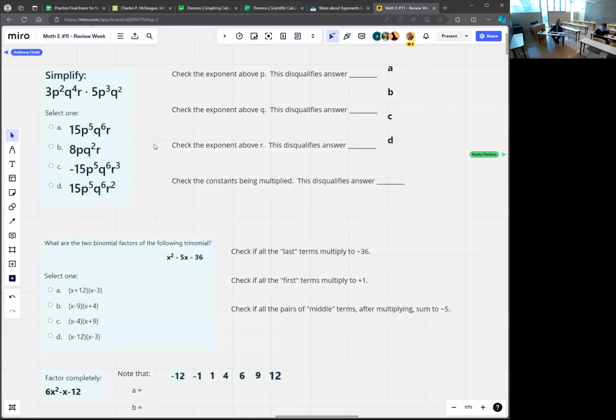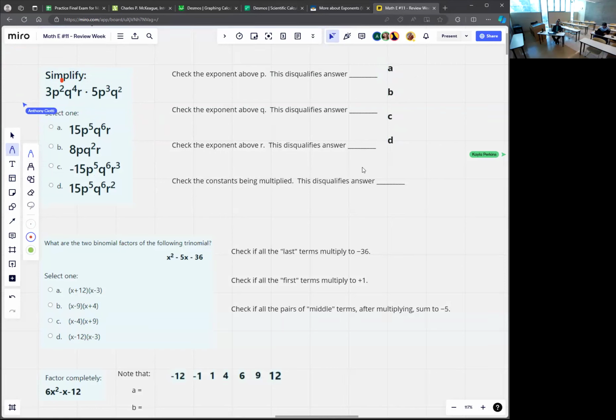Okay, simplify this big thing. On the side, I put some hints. We have 4 letters to move around, A, B, C, and D. You're going to grab those with your mouse and move them. If we look at the exponents above the letter P in the 2 things we multiply, that will let us disqualify one of our 4 answers.